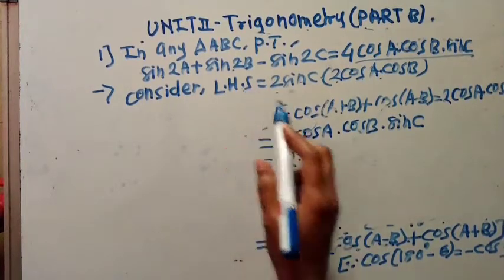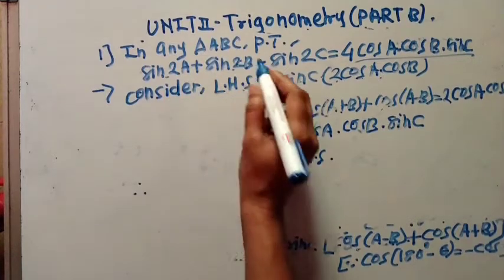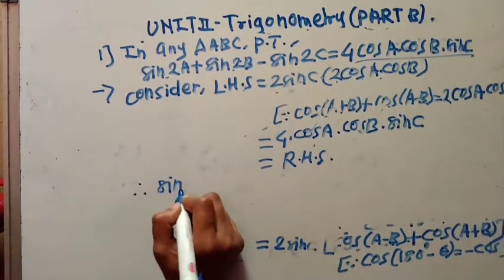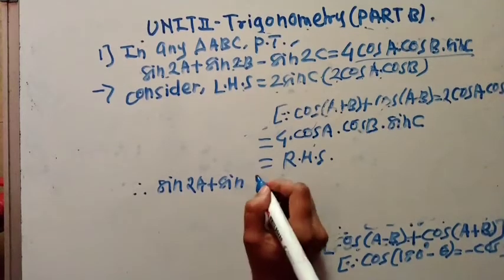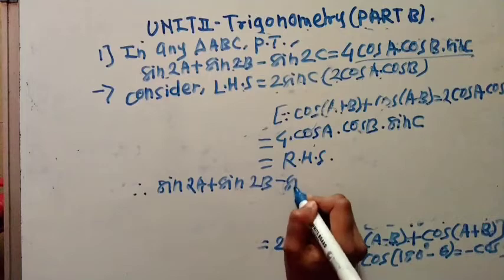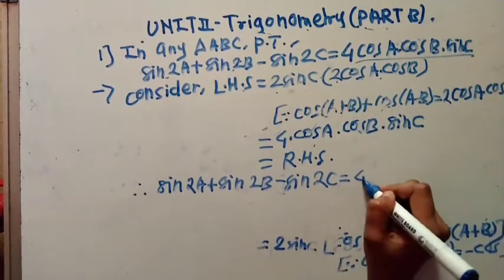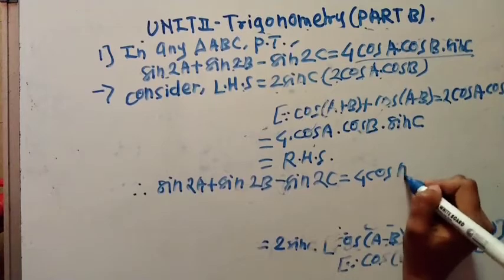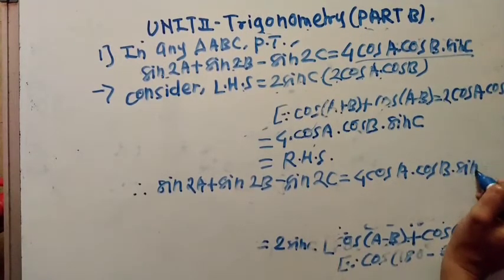Hence LHS is equal to RHS, and sin 2A plus sin 2B minus sin 2C is equal to 4 cos A into cos B into sin C.